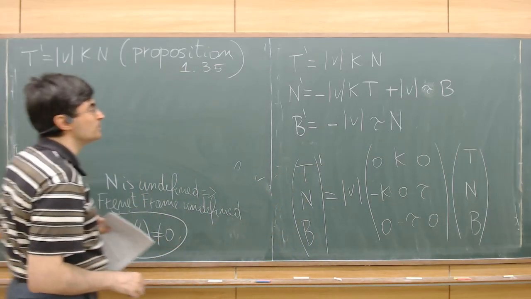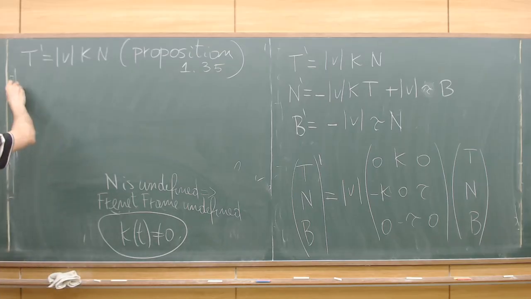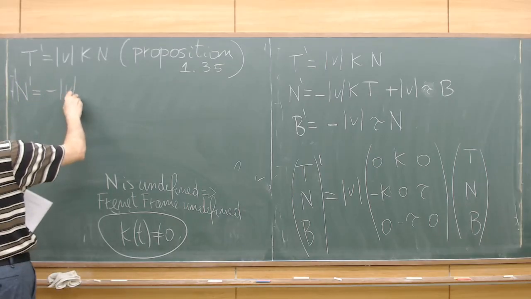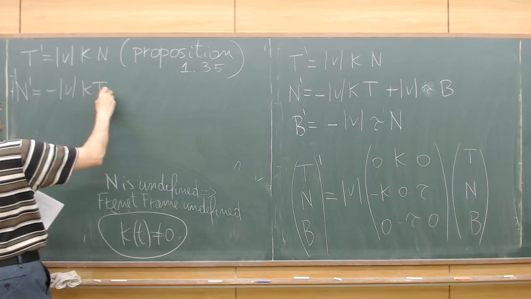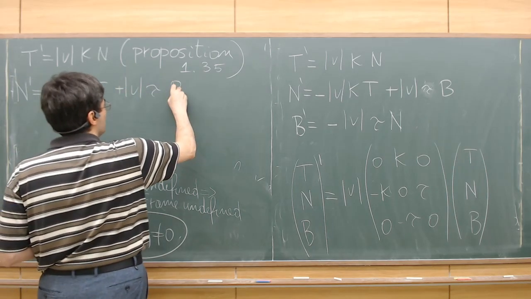In order to prove this equation, I will copy it here. n prime equals minus the length of v times k t plus the length of v times tau b.